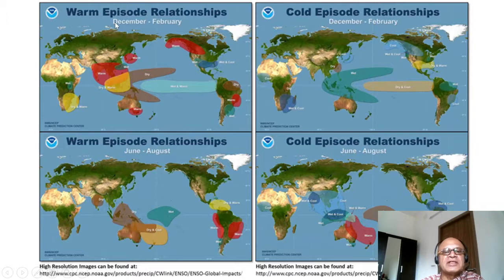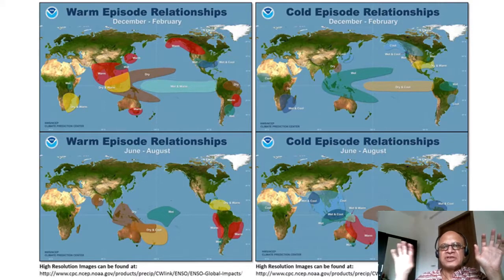El Nino typically tends to produce anomalies in terms of temperature and rainfall. Remember, we said the El Nino has an impact on Indian monsoon, but Indian monsoon happens in June, July, August, whereas El Nino peaks in December, January, February. So a strong El Nino can have an impact on the monsoon while it's growing, 6 months before its peak.